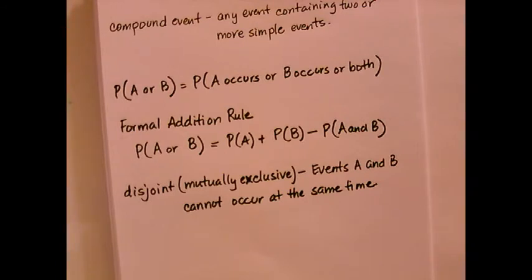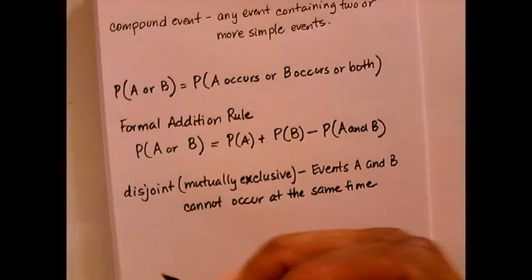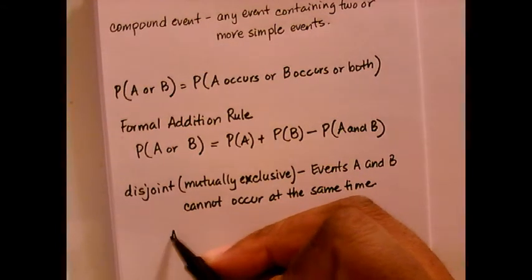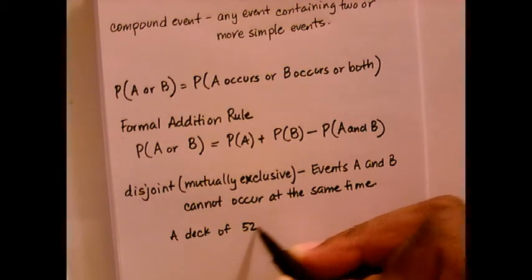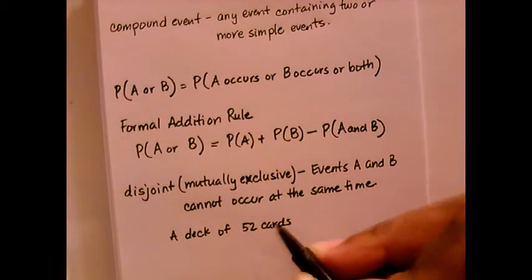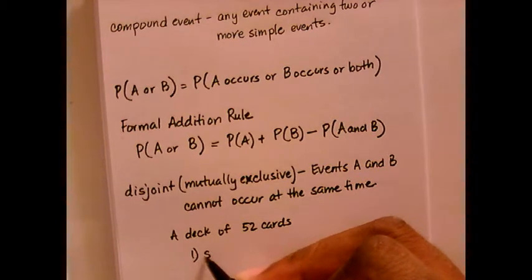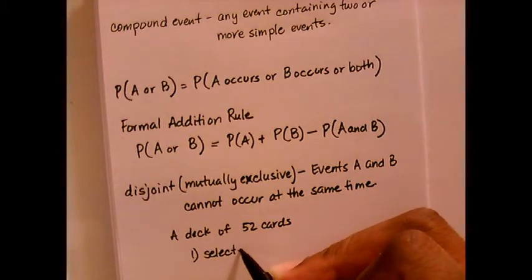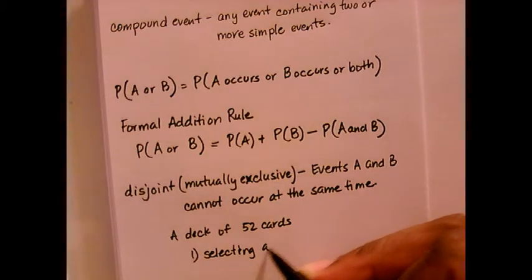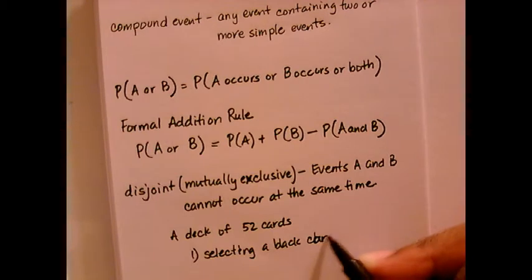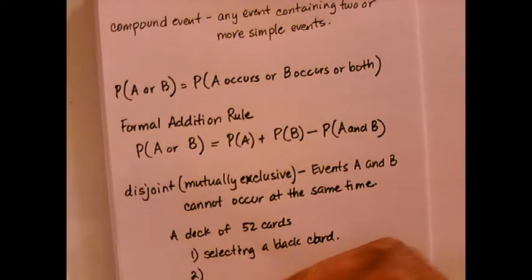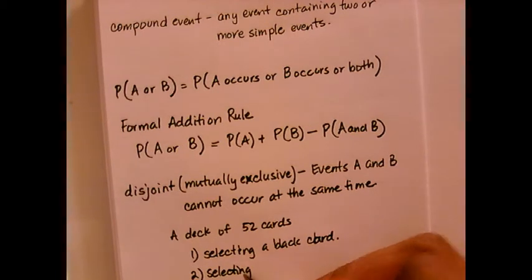Okay. And I'll give you an example of a disjoint event. Let's say we have a deck of 52 cards. One event would be selecting a black card, then the second event will be selecting a red card.